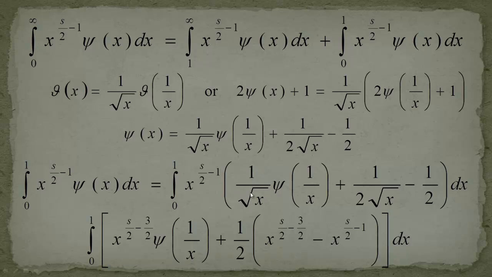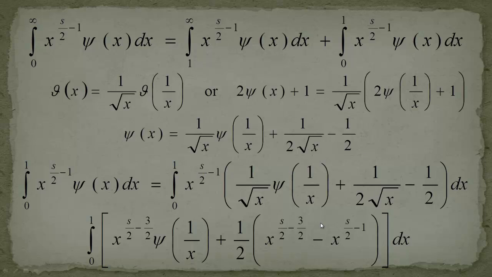This is nothing else but the power law that I'm using. Now we have this guy multiplied with psi of 1 over x, and we have plus 1/2, because we have a 1/2 here and 1/2 here. This kind of expression, again, I multiply out these guys.